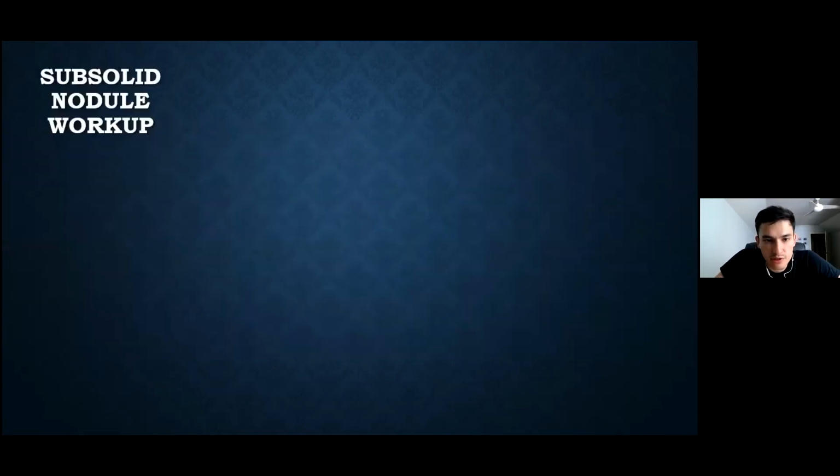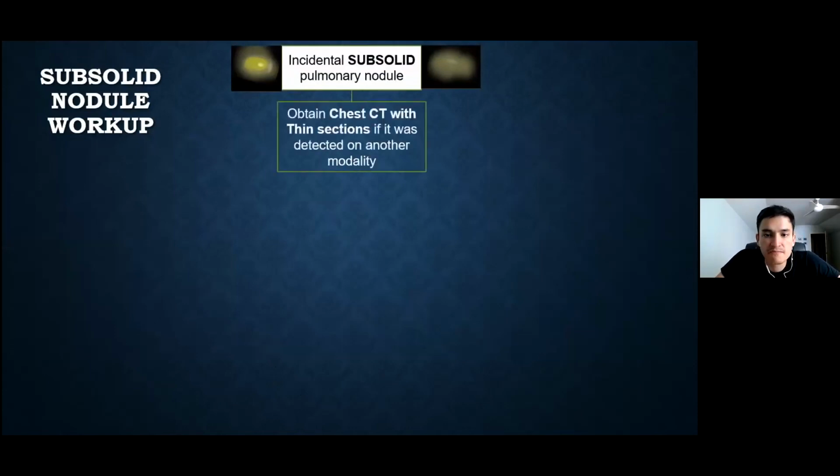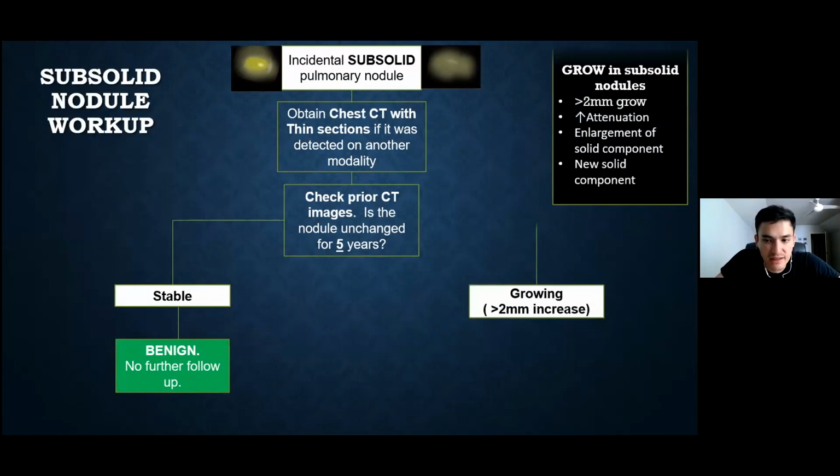And the subsolid workup, if we identify a subsolid pulmonary nodule, it follows the same principle. Obtain a chest CT with thin sections if it was detected on another modality, and check for prior CT images. For subsolid nodule, the threshold is 5 years. If the nodule is unchanged for 5 years, then it's considered stable and no further follow-up is indicated.